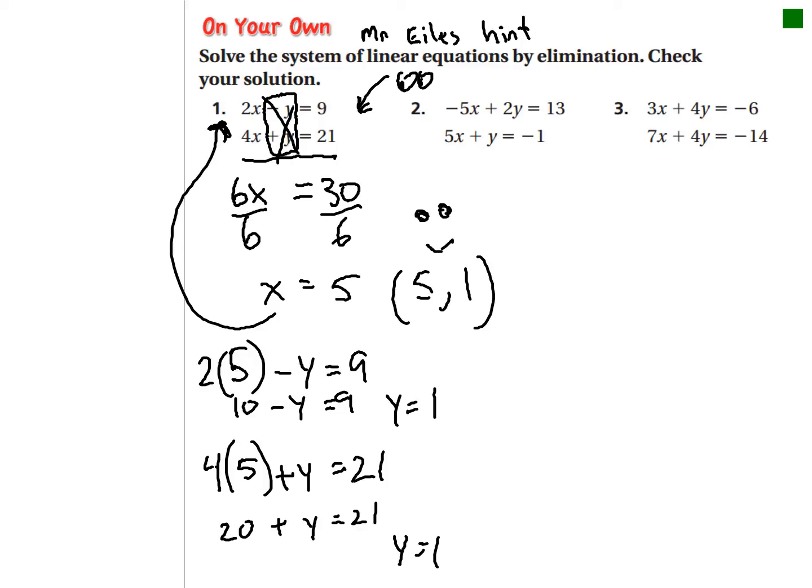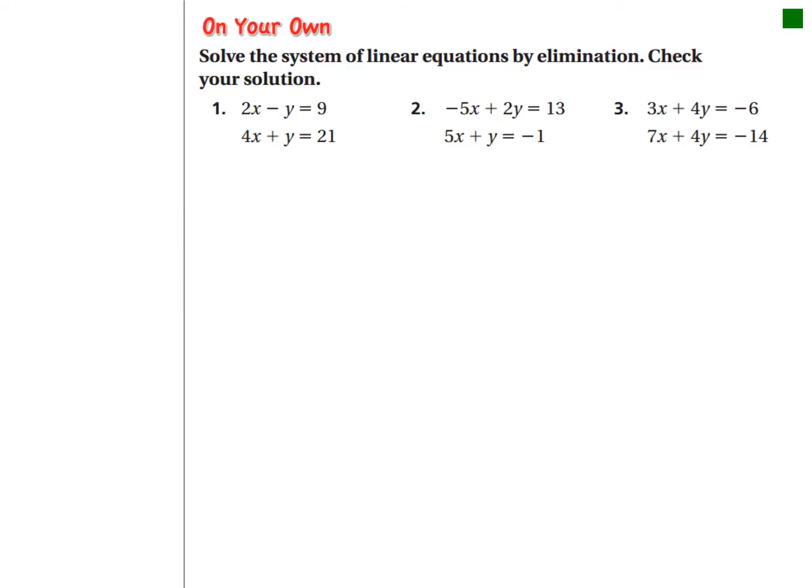All right, number 2. If you need to pause the video, feel free to pause the video. We'll get you started, and then you should pause your video and finish up number 2. Okay, number 2.